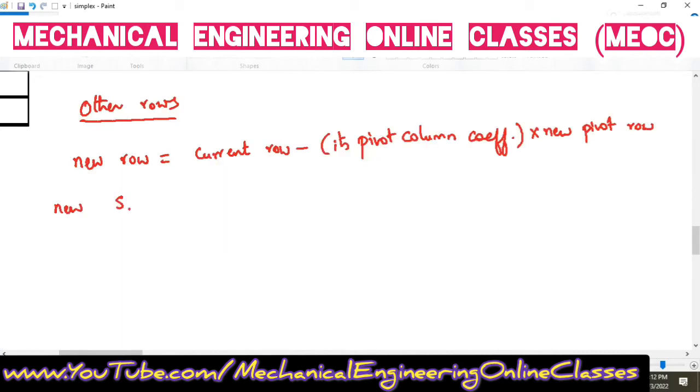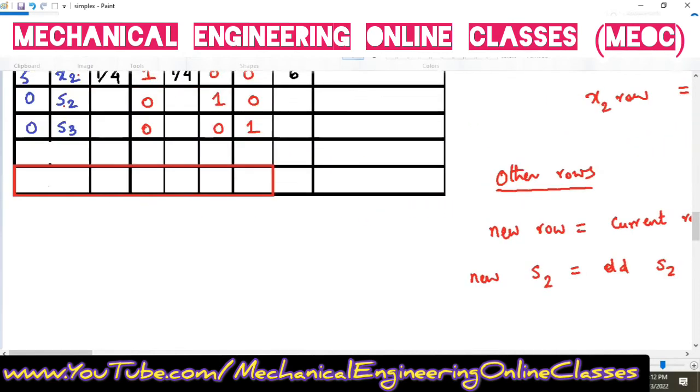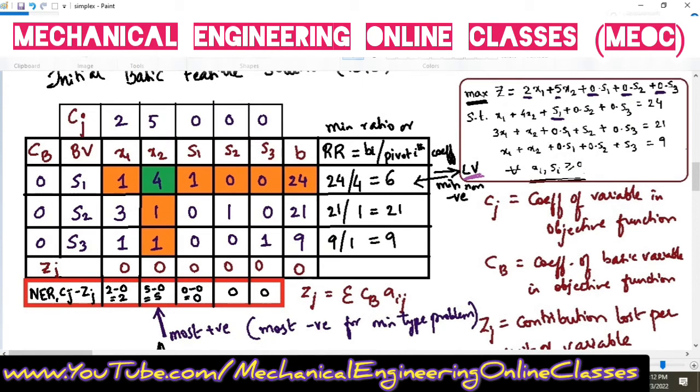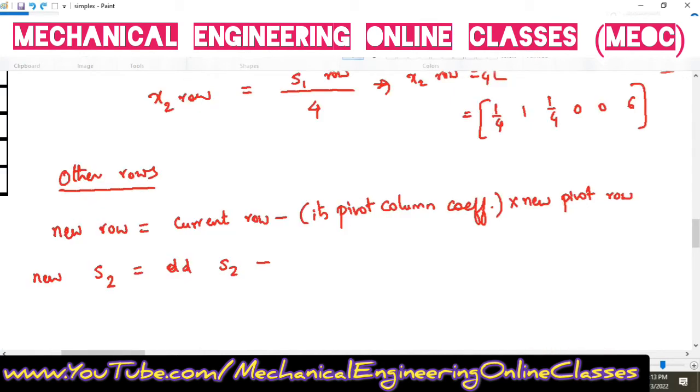new S2 will be equal to the old S2 row minus its pivot column coefficient. Its pivot column coefficient is this 1, because the pivot column is this 4, 1, 1. So the element corresponding to S2 row is 1.